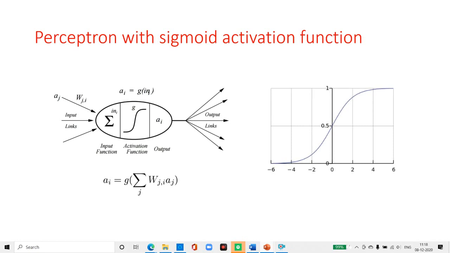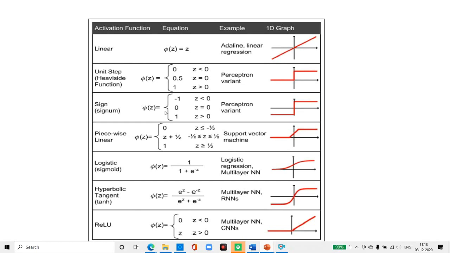So here the summation of i equal to 0 to m. So this is the z, and the logistic function is phi of z equal to 1 divided by 1 plus e raised to minus z.